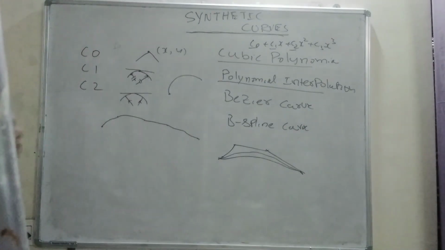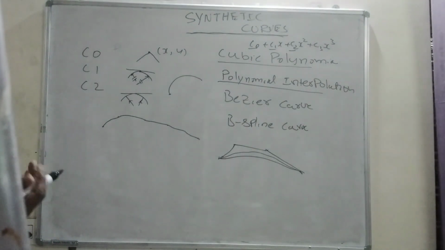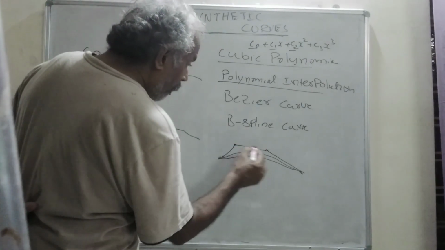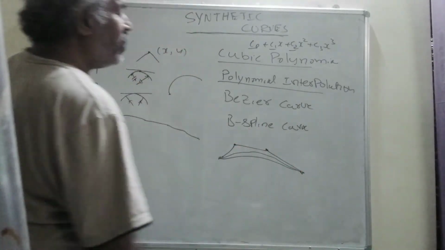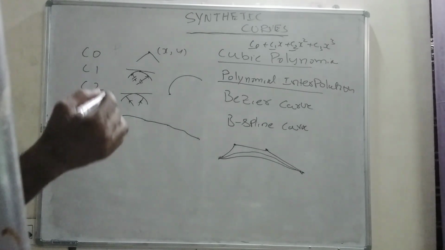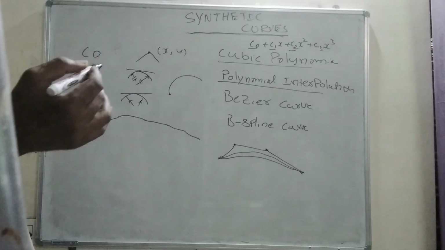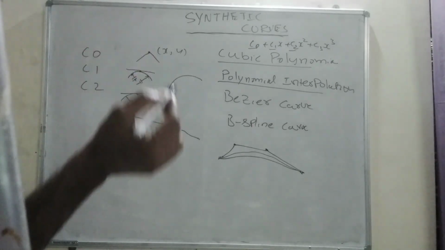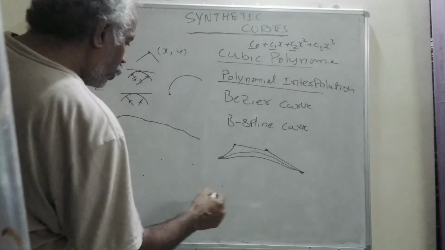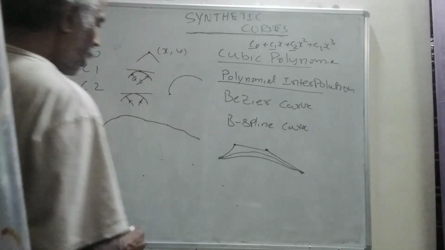So for a Bezier curve, the degree depends upon the control points of the given situation. And B-spline curve is something different. Here, the degree of the curve depends upon the control points and the knot points.